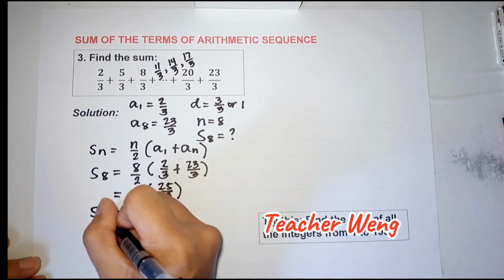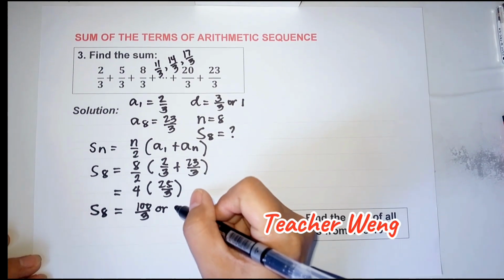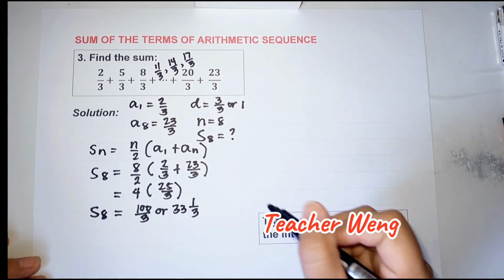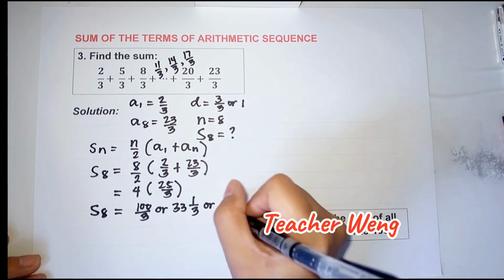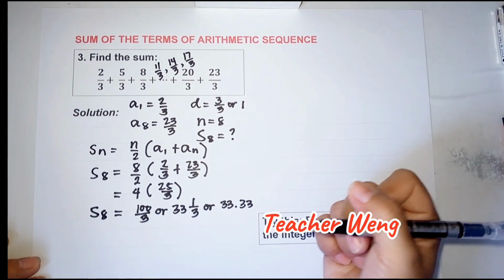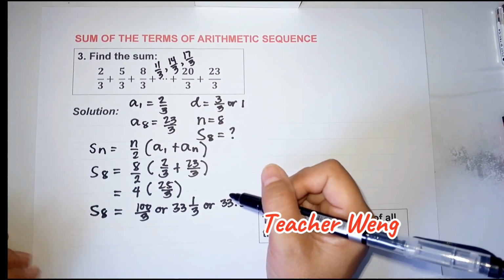So S sub 8 is 100 over 3, or this is also equal to 33 and 1/3, or we can have it in decimal, 33.33. It will of course depend on the choices in the exam that you're taking.